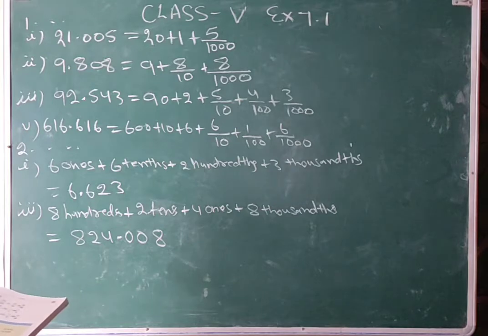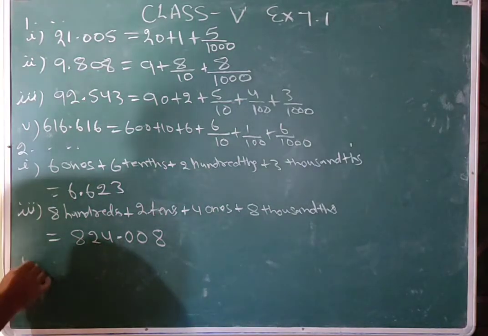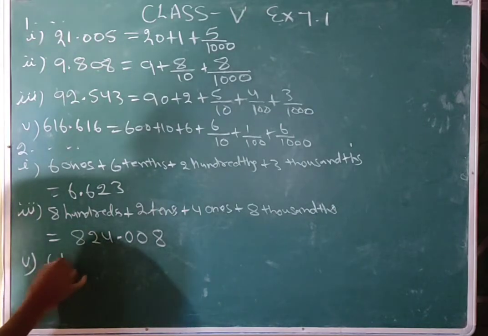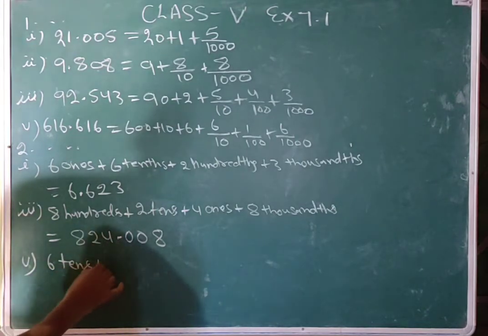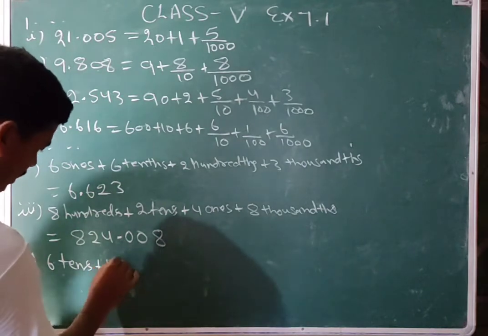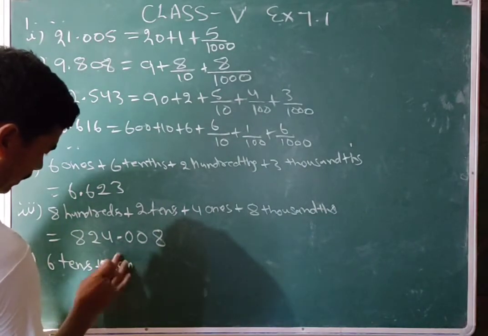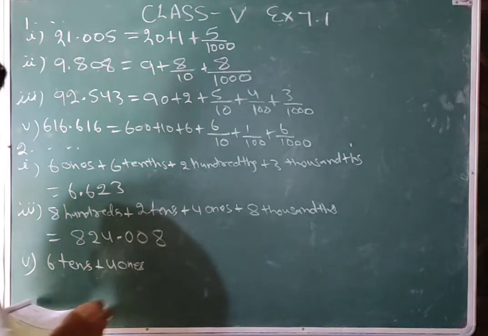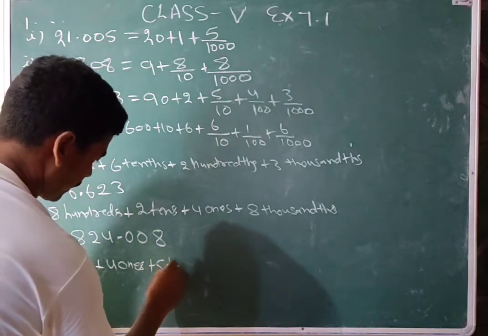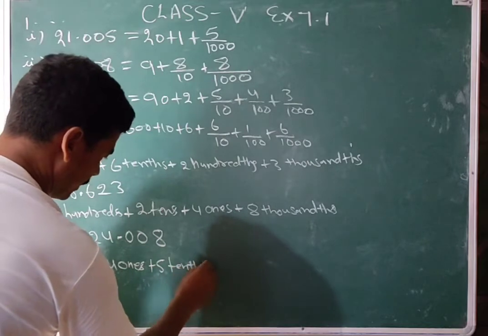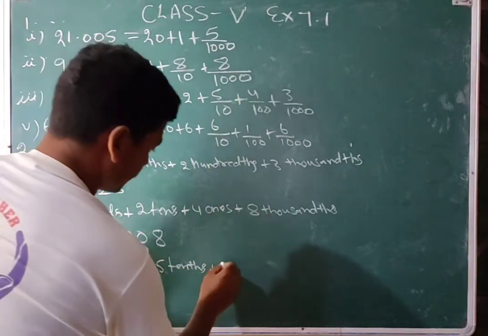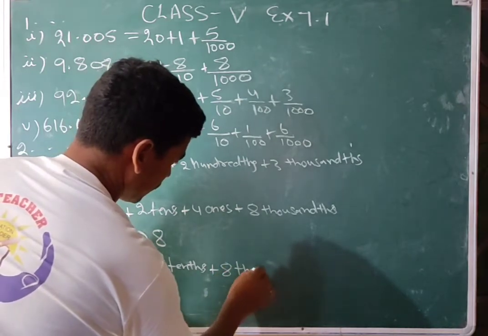Fifth part: 6 tens plus 4 ones plus 5 tenths plus 8 thousandths.